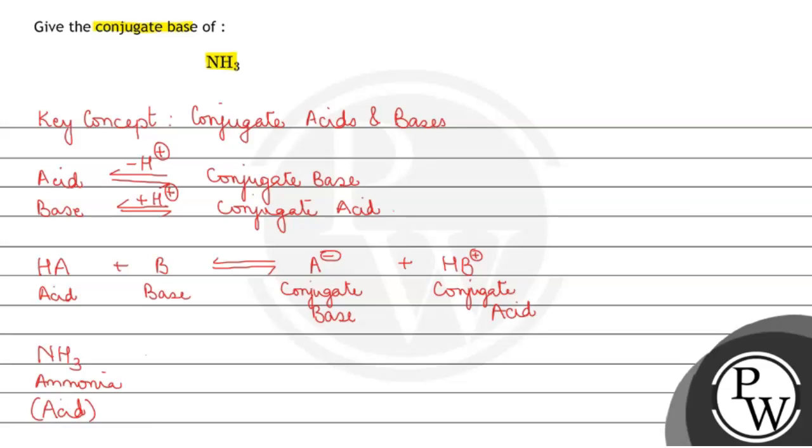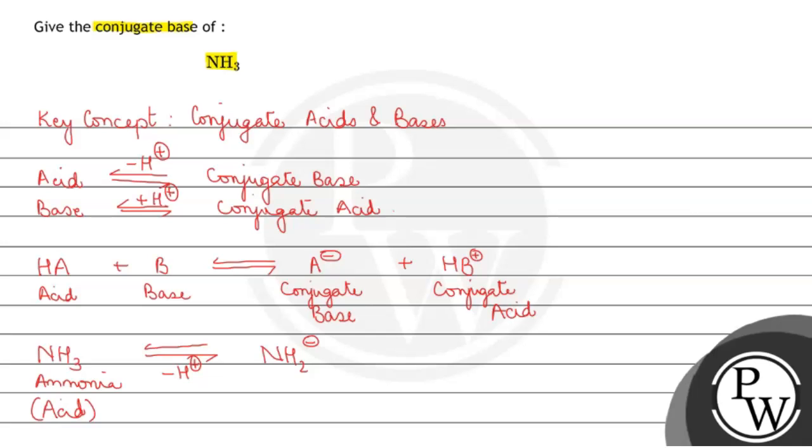If we remove a proton from this species, minus H plus or minus proton, the resulting species will be NH2 with a negative sign.